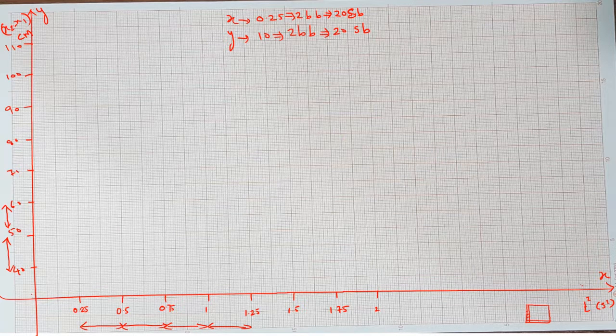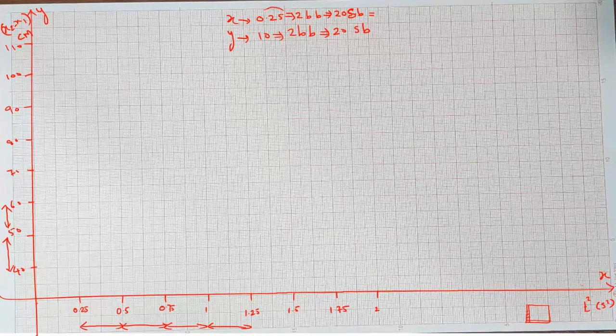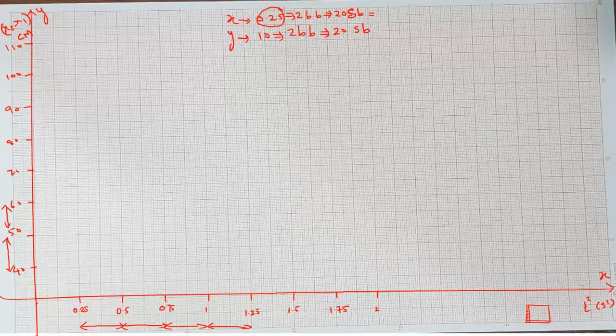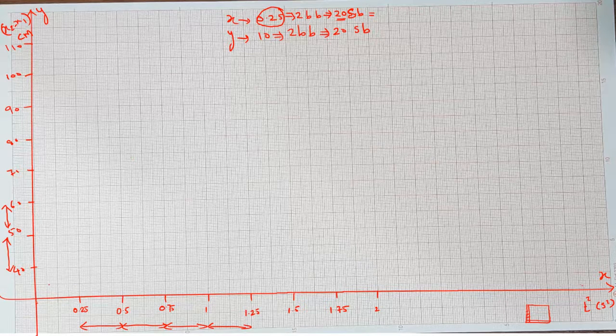So in the x-axis, the value of one small box: what you have to do is take the interval and divide it by the 20 small boxes. So here we take 20 boxes.